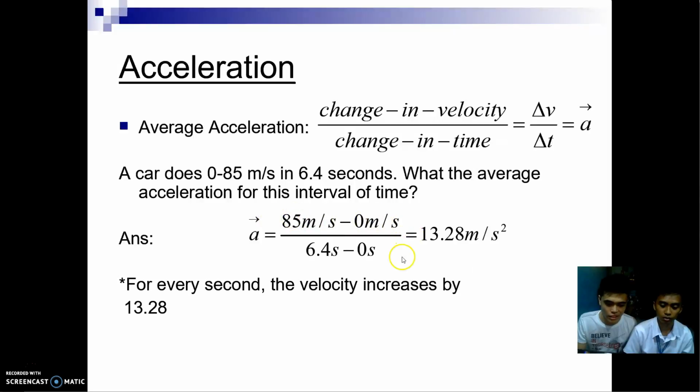So here is its formula. First, you need to substitute all the given numbers. So 85 meters per second minus 0 meters per second over 6.4 seconds minus 0 seconds. And the final answer is 13.28 meters per second squared. So for every second, the velocity increased by 13.28 meters per second.